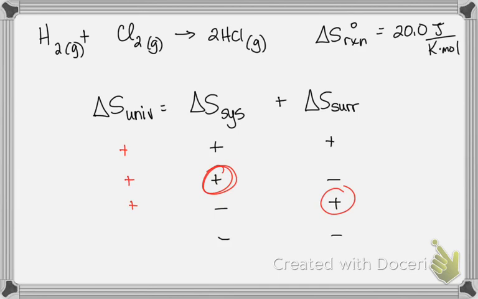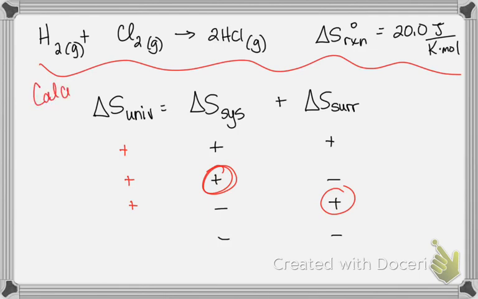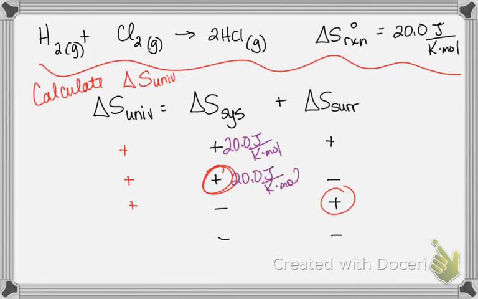So, let's look at this reaction and calculate the delta S of the universe. We know that the delta S of the reaction, the system, is a positive 20 joules per Kelvin mole.